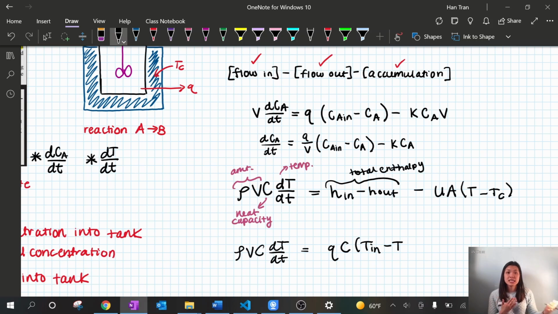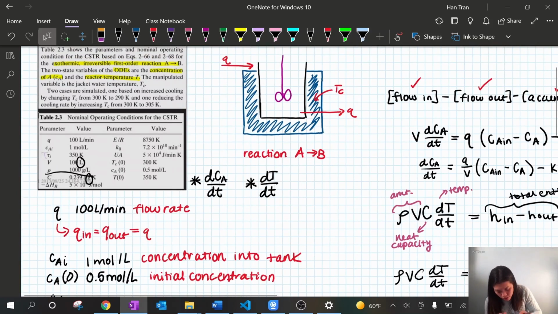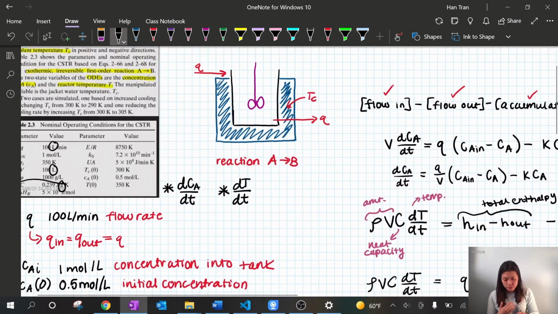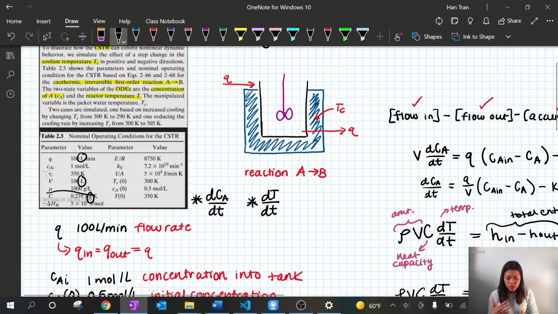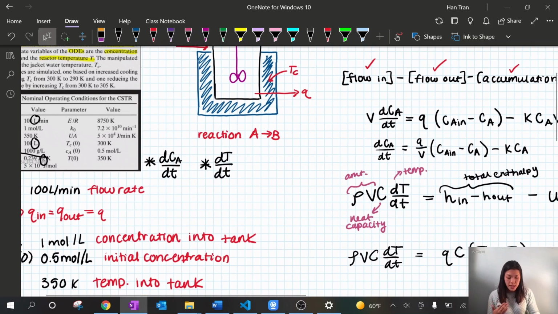Since the tank is continuously stirred, whatever is inside the tank is also what is leaving the tank. Now, same thing as we did before, if we take a look at the flow rate over here, it is in volume, liters, and so again we need to use the density to convert this liter into grams to match the heat capacity.